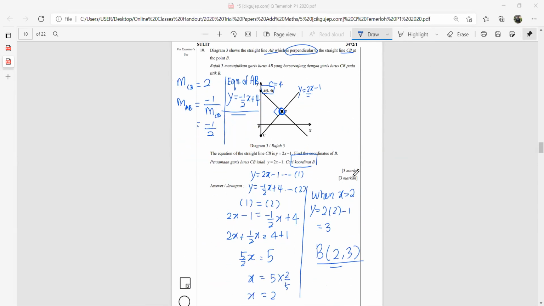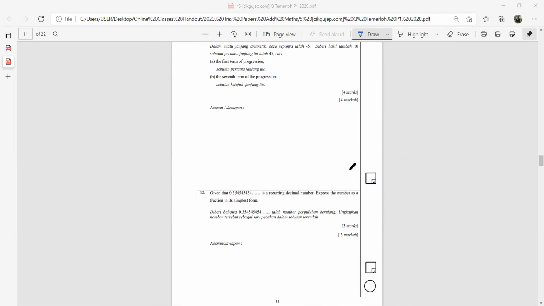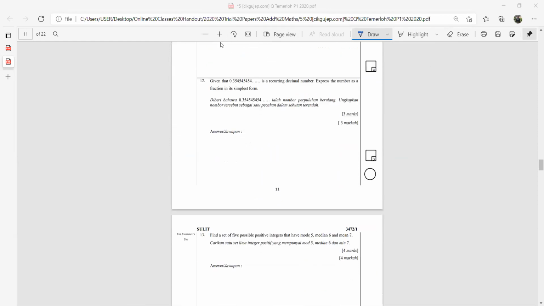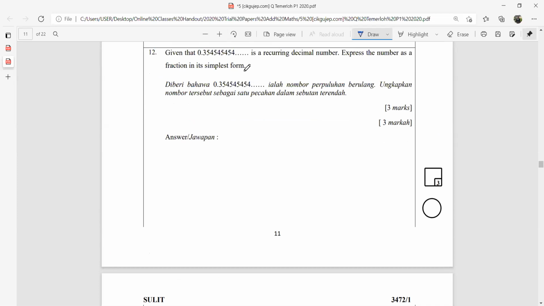Okay, now this question. AP and GP. I do this one because I want to test whether you can do it or not.